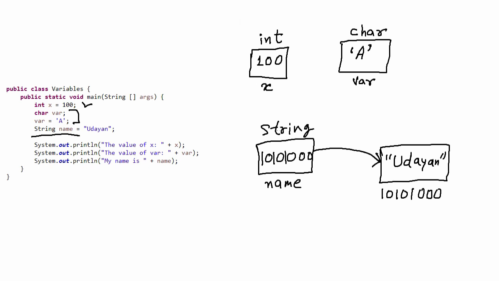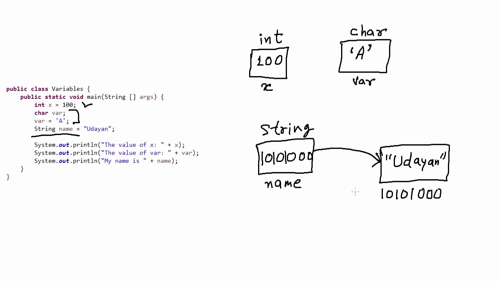So this is the major difference between a primitive type and the reference type. Primitive types are storing actual value. Here int x equals 100, so 100 is stored at this location. Char var equals a, so a is stored at this location. But for a string, which is of reference type, because a string is a class in Java, we are storing a memory address where that actual value is stored.